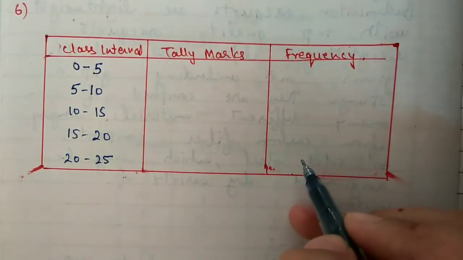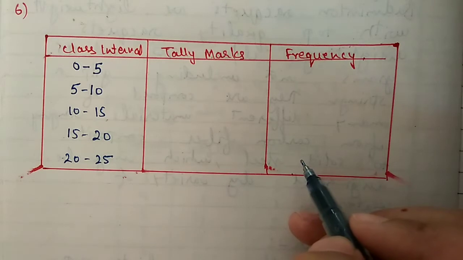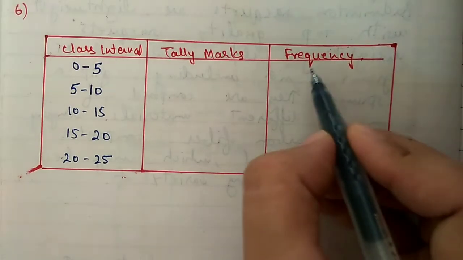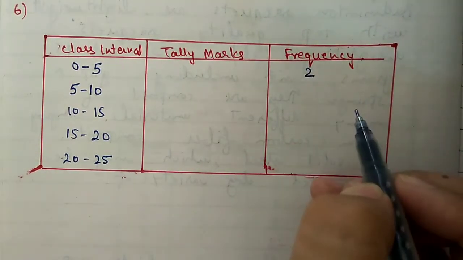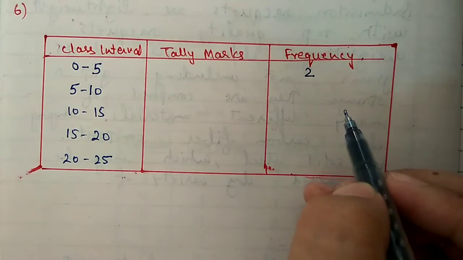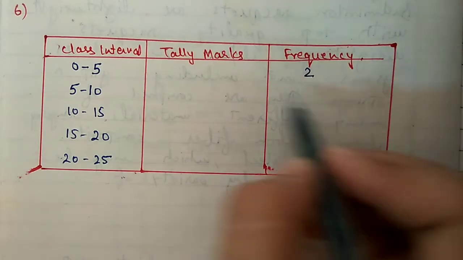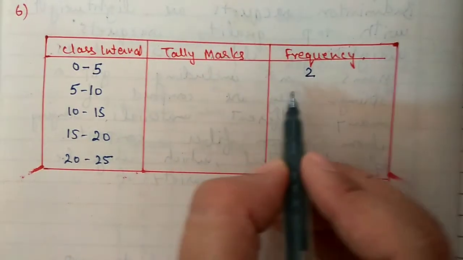Between 0 to 5, how many numbers are coming? Keep your book carefully in front of you and see between 0 to 5. We have here 1, 2 and 1, 1. So 2 numbers we have between 0 to 5. Next we will check from 6 to 10. How many numbers do we have?